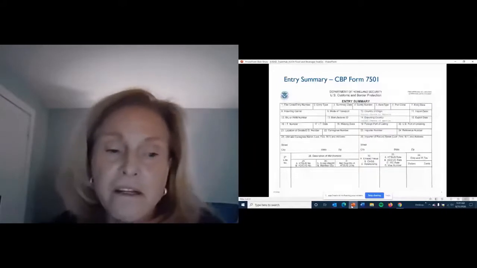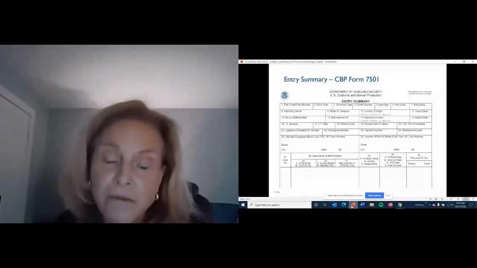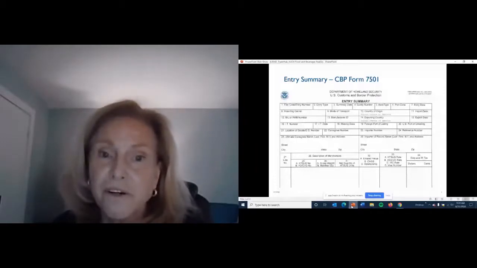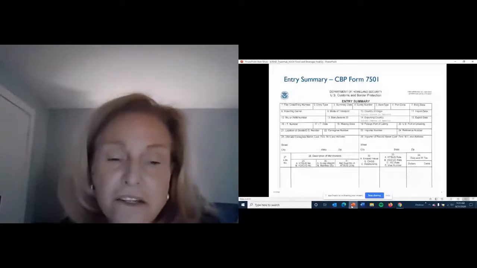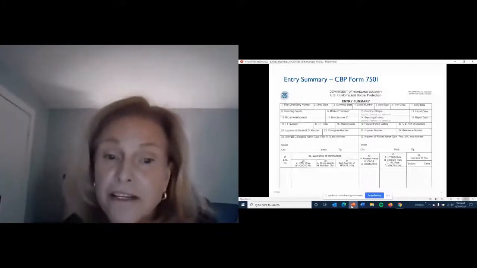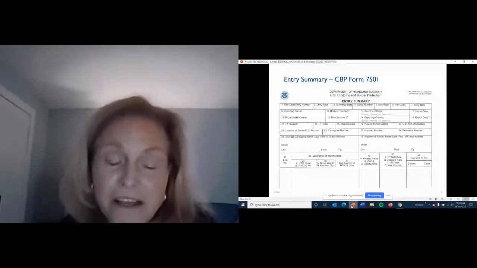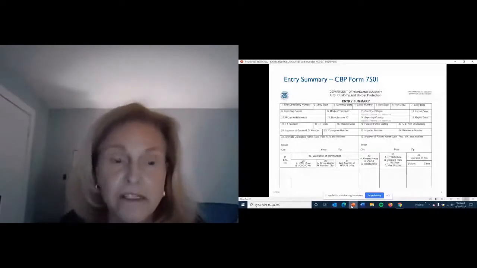And then down by lines 27 and 28, you describe the merchandise. It is very, very important that the description is correct, including quantity and weight. But really, really important is that the HTS number is correct.